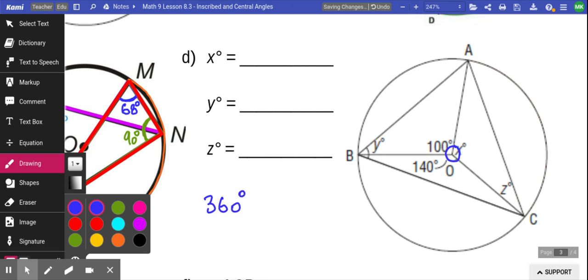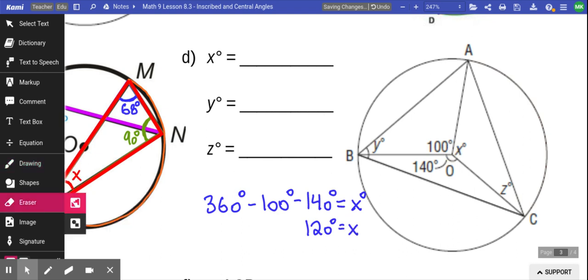And we know two parts of that circle. We know the 100 degrees and we know the 140 degrees. So if we subtract that away from the 360 degrees, that'll tell us the missing part of that circle. So we're going to go 360, subtract 140, and then subtract 100. You should end up getting that angle X is 120 degrees.